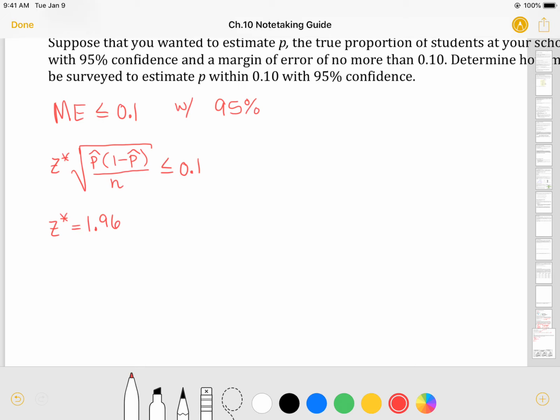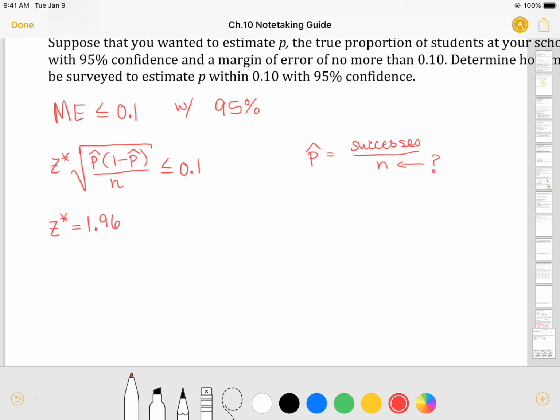So p hat is equal to the number of successes divided by n, our sample size. And we're actually looking for this number n that ensures that we have a margin of error that's no more than 0.1. So we come across this interesting dilemma.